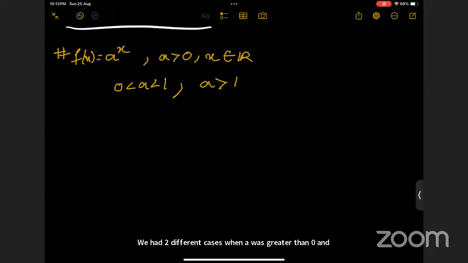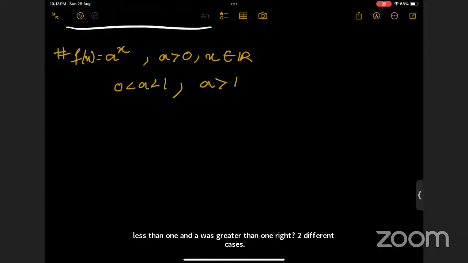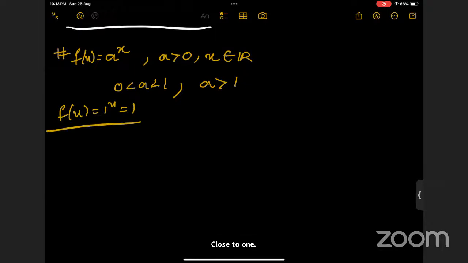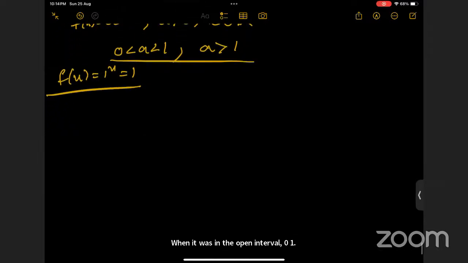At a equals 1 also we can check, but it will be a constant function equal to 1, so this is not an important case. That's why we will avoid the a equals 1 case. So these were the two cases: when a was in the open interval (0, 1) and when a was greater than 1. So what was the nature?